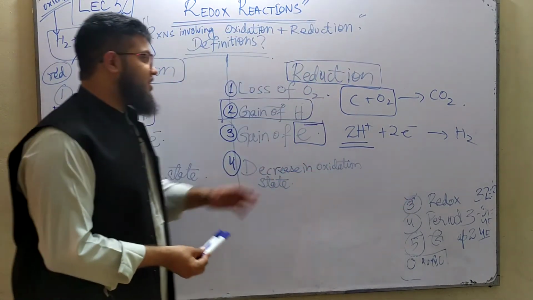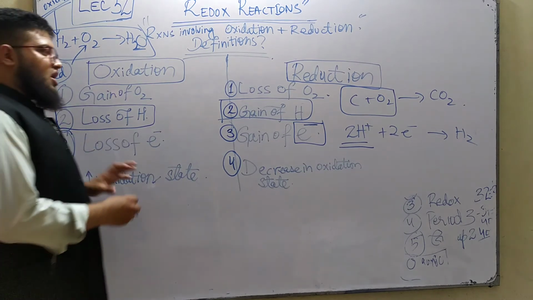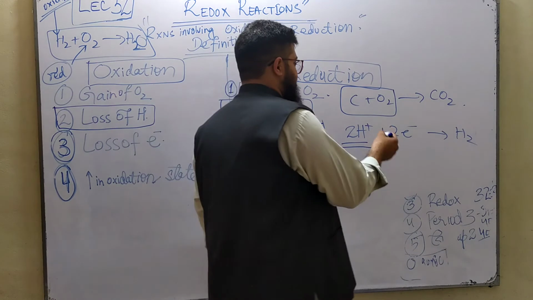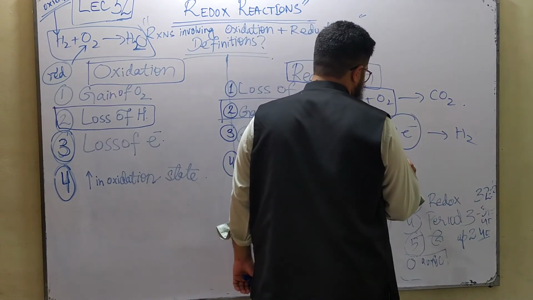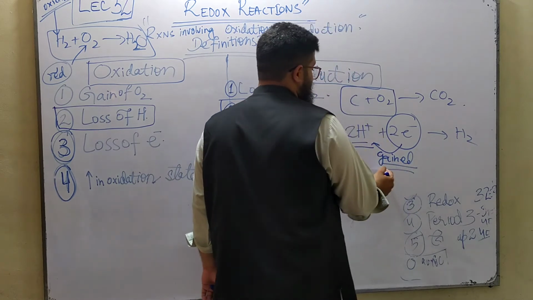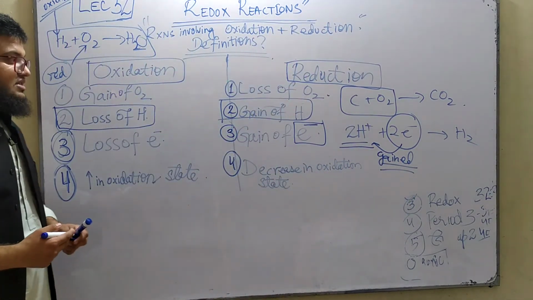Well, you can explain that in terms of either the third definition or the fourth definition. If you explain it in terms of the third definition, look at the protons. The hydrogens are gaining 2 electrons, right? 2 electrons are being gained by the protons. Gain of electrons is reduction, so the protons are being reduced to hydrogen gas.